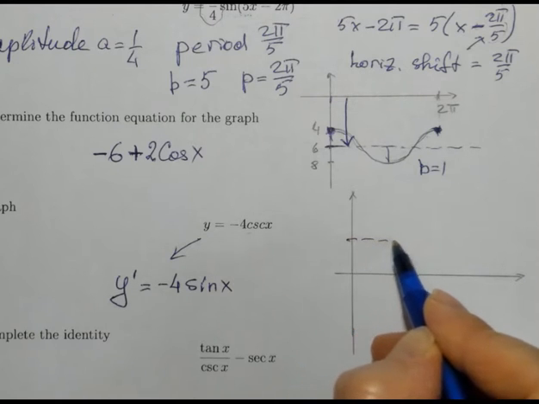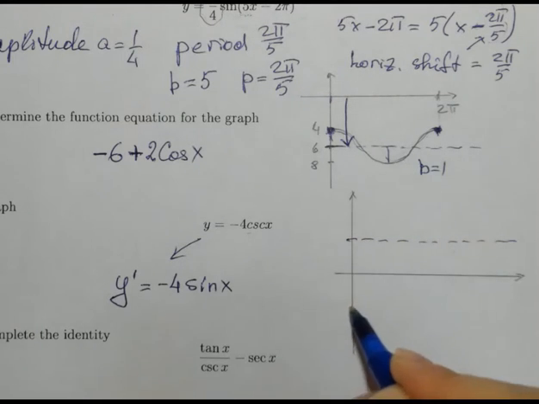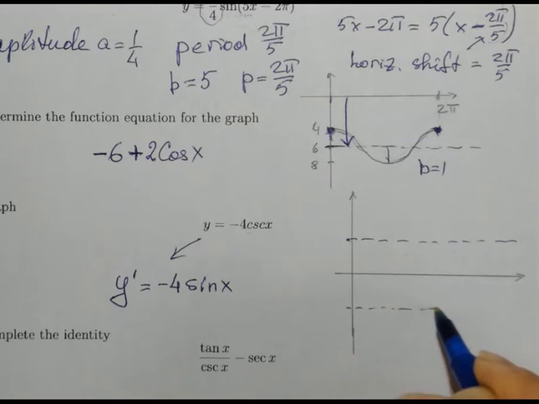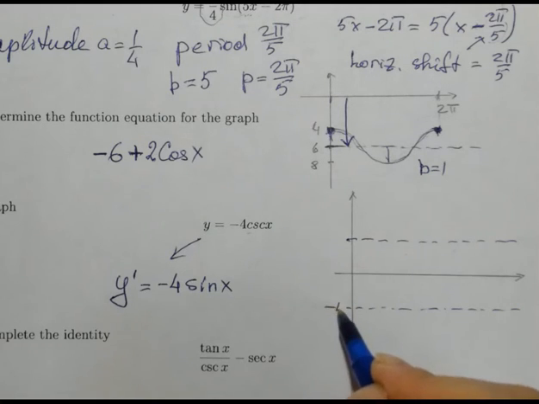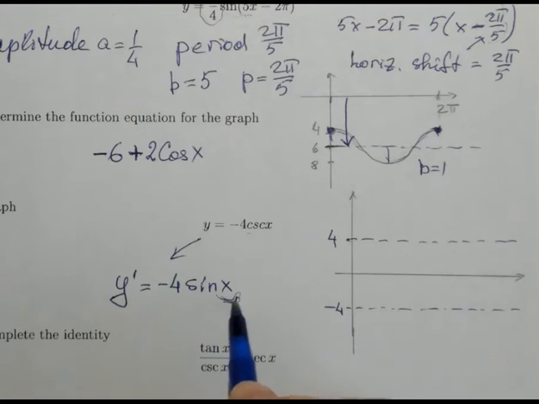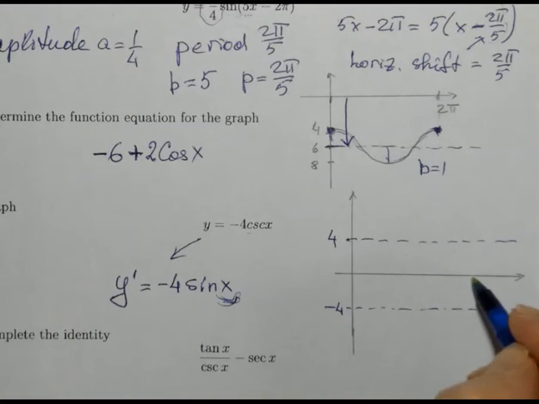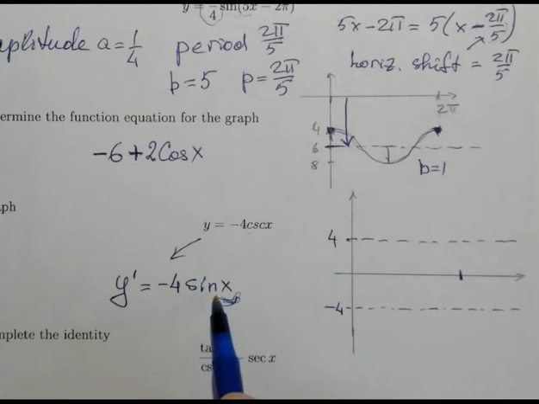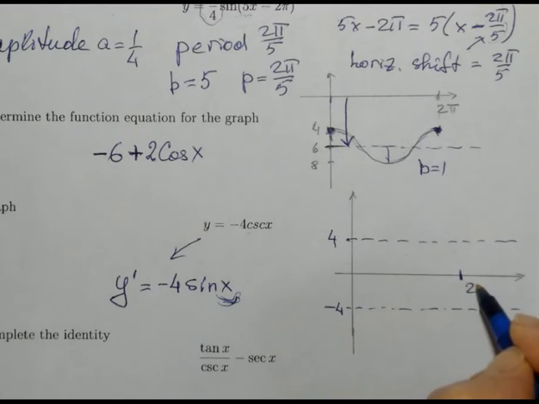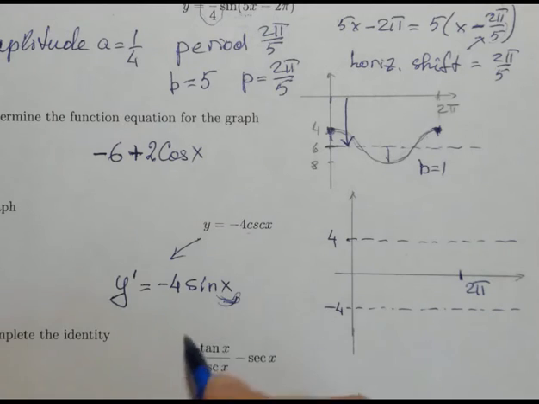Sine is limited between 2 lines, y equals -4 and y equals 4. The period is a standard sine period, 2 pi, since b is 1.